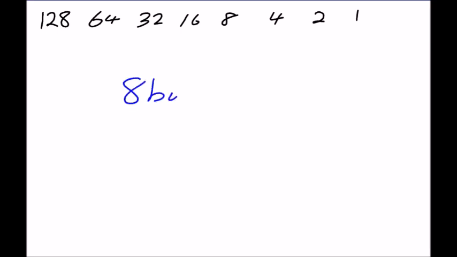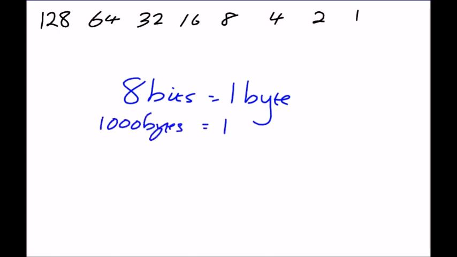So if we start with 1, 2, 4, 8, 16, 32, all numbers that students will have met before, so that's 128. Now in this particular page, we've now got 8 bits. 1, 2, 3, 4, 5, 6, 7, 8. 8 bits equals 1 byte, and we're quite happy with that. 1,000 bytes equals 1 kilobyte.